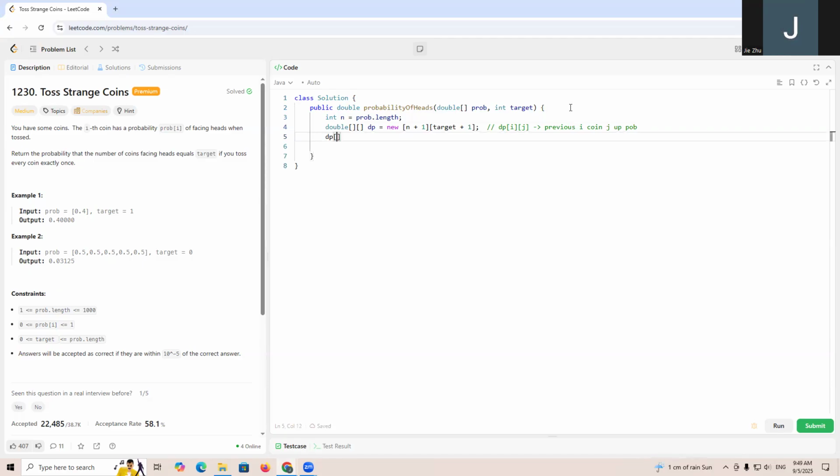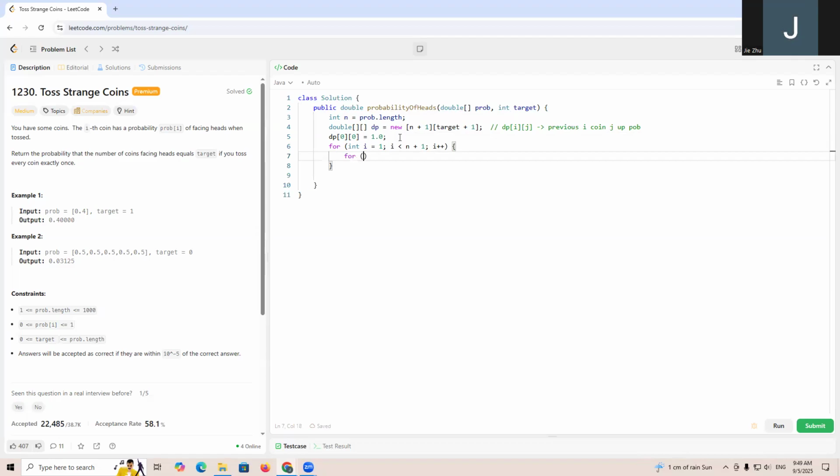We need to set dp[0][0] as 1.0, otherwise when we sum up, it will always be zero. That means if we don't select any coin and we have zero coins up, this is always true. So for int i equals 1, i smaller than n plus 1, i plus plus.